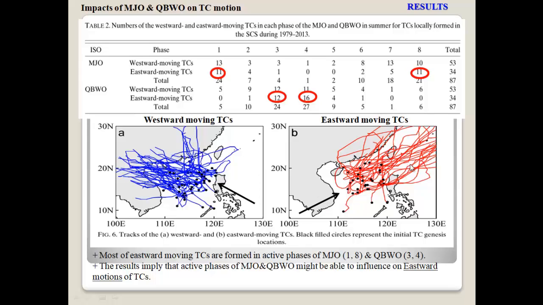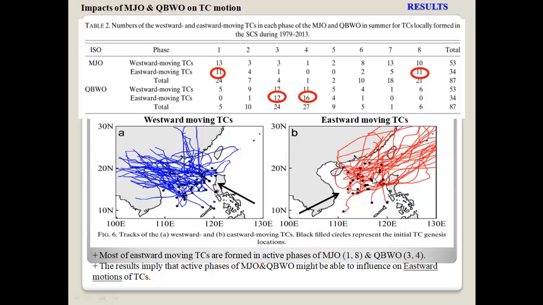It is a similar result for QBWO: in the active phase of QBWO, phase 3 and phase 4, there are many TCs moving from west to east.